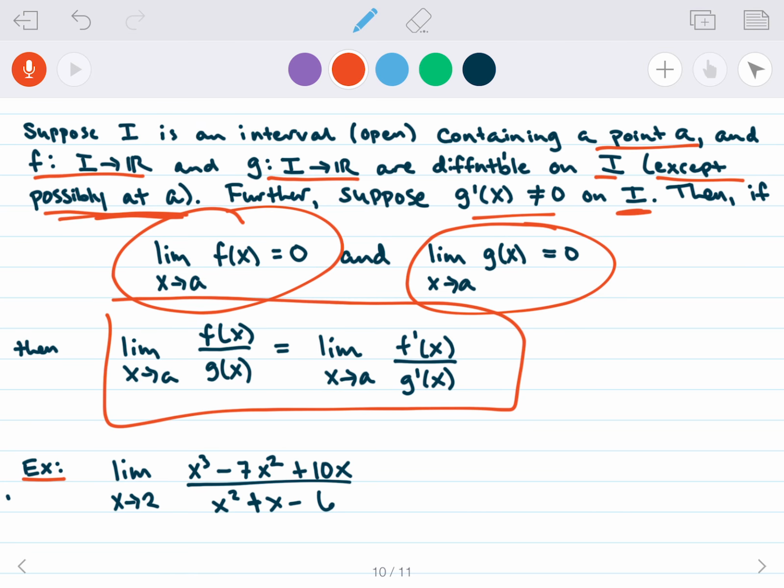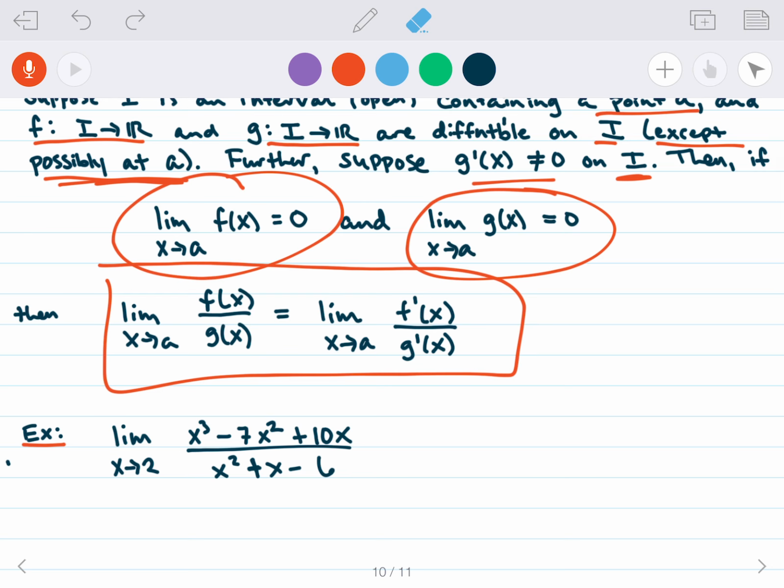So when you take the limit of this guy and you get 0 over 0, as we show our calculus students, you can simply take the derivative of the numerator and the denominator and plug in a. And if it doesn't work, if you get 0 over 0 again, you can use L'Hopital's rule a second time or a third.